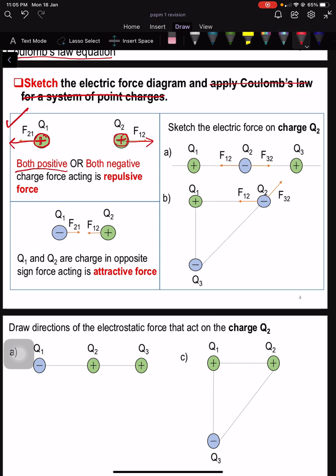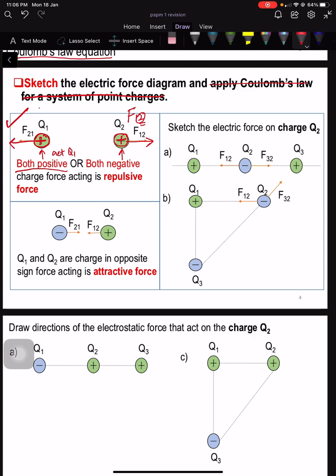How do we name these forces? We can name this force F12. Why F12? Because it is the force exerted by 1 on charge 2. You draw the arrow on charge 2, meaning that charge 2 is the test mass and Q1 is the point mass. If you want to determine the force acting on Q1, then Q1 must be your test mass.